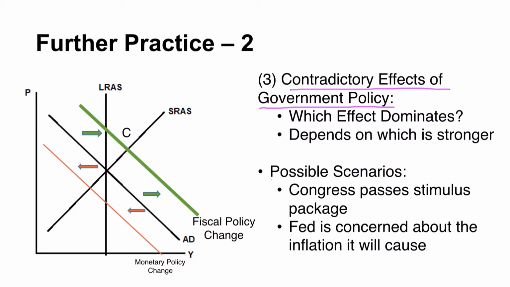Now, what are some possible scenarios of this happening? Well, if Congress decides to pass a stimulus package, but the Fed is concerned about the impact that it would have on inflation. So if Congress decides to invest in an infrastructure project, or if it decides to expand spending on new military equipment, or expand spending on education, all of these things would stimulate growth in the economy through the increase in government spending, causing a shift out of the aggregate demand.